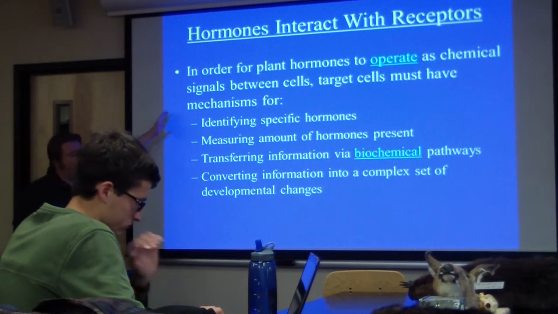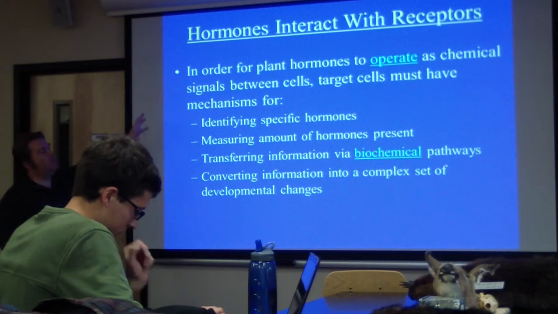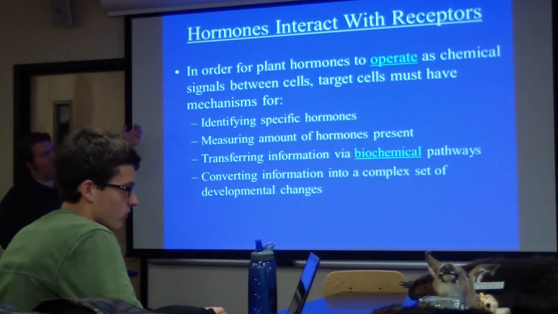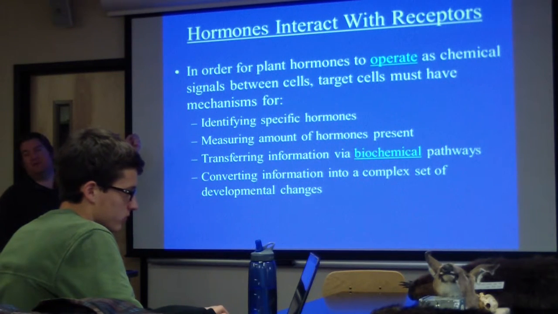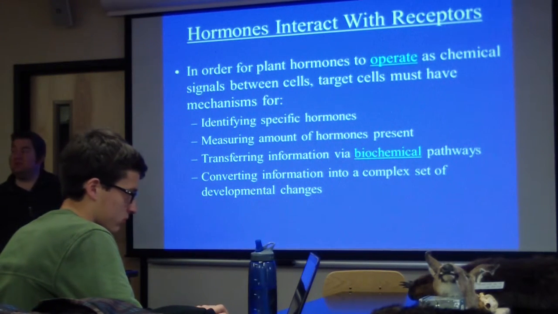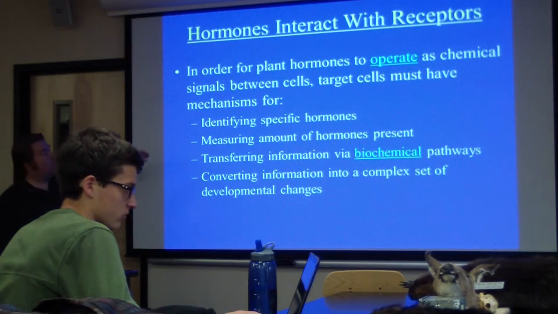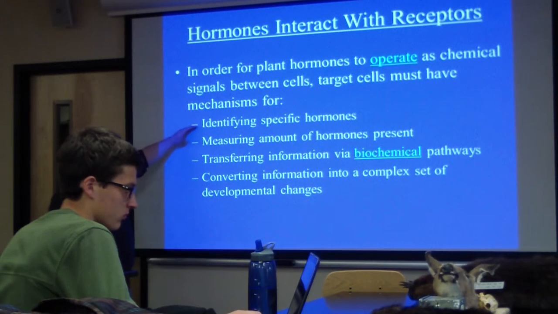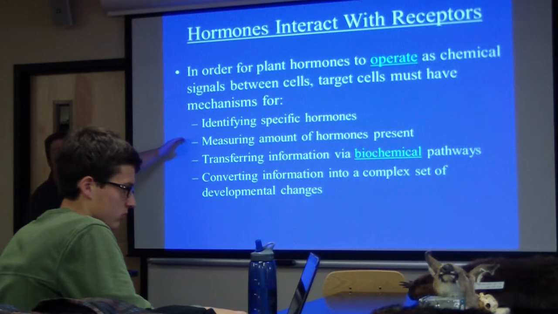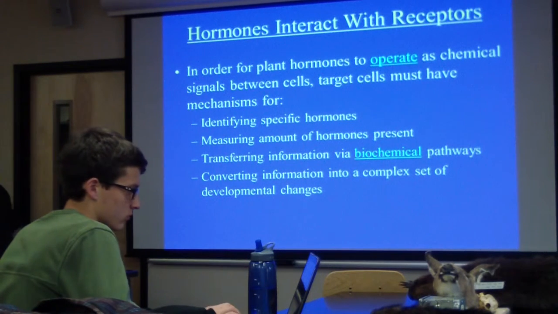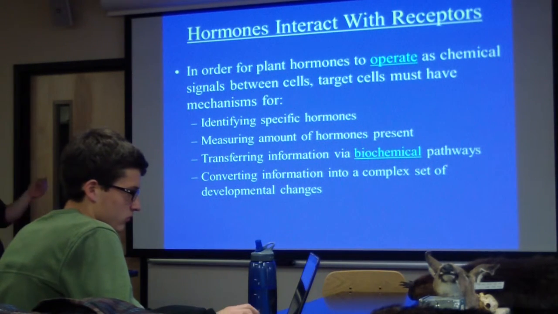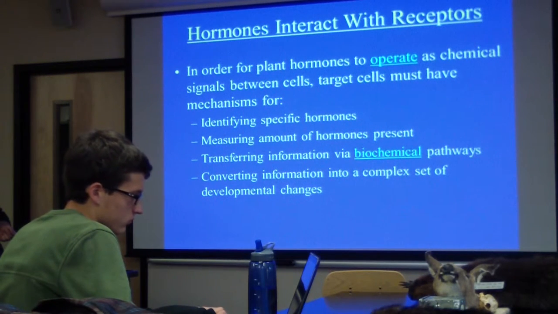And so here, we're not going to talk about this a whole lot, but here's a list of characteristics that target cells have to have in order to be good communicators with these hormones. These target cells have to be able to identify a specific hormone. They have to be able to tell one hormone from the others. They have to be able to measure how much hormone is present, right? Because a different amount of hormone means a different thing.